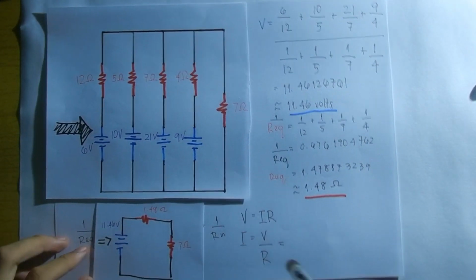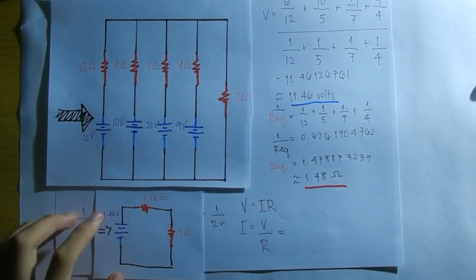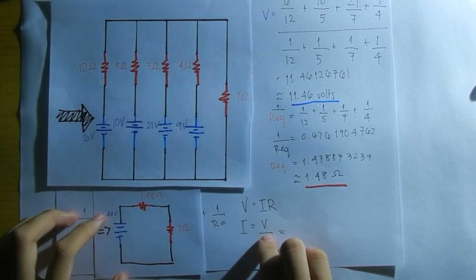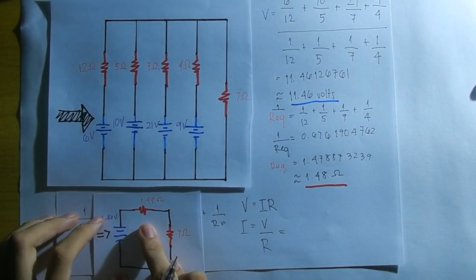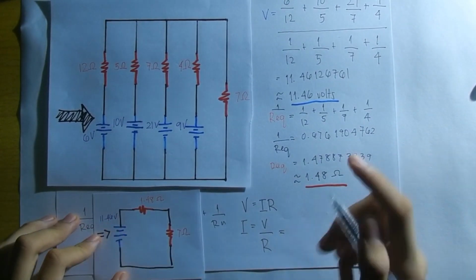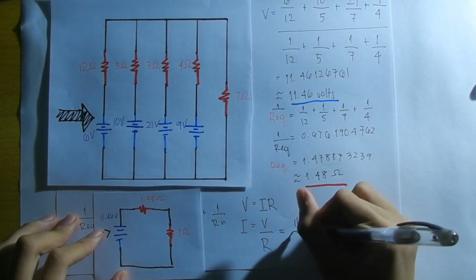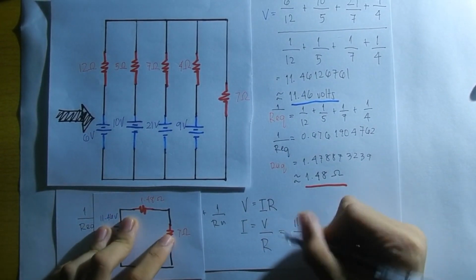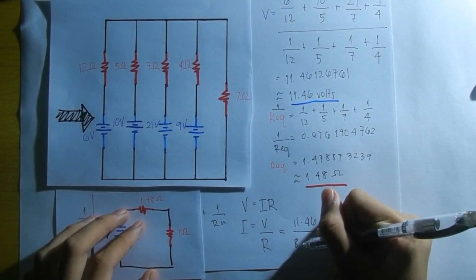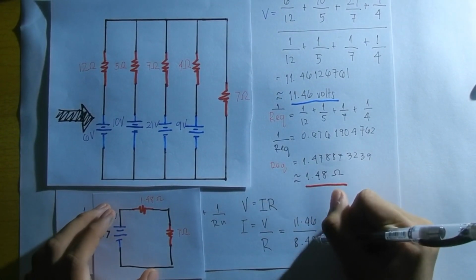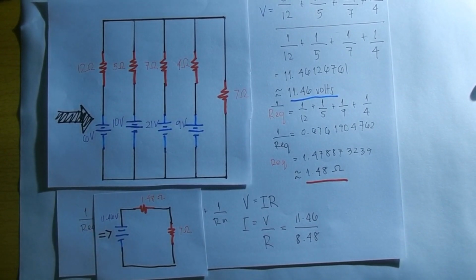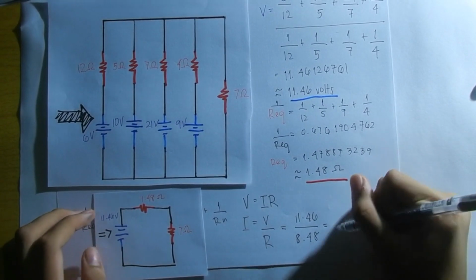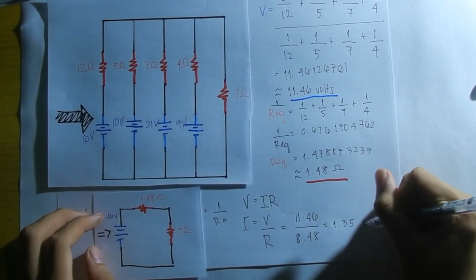Okay, using Ohm's law, V equals I times R, we can find the current I equals V over R. So you will get the voltage, which is 11.46 volts, over, let's add these two resistors because they are connected in series. 1.48 plus 7 equals 8.48. 11.46 divided by 8.48 equals 1.35 amperes.